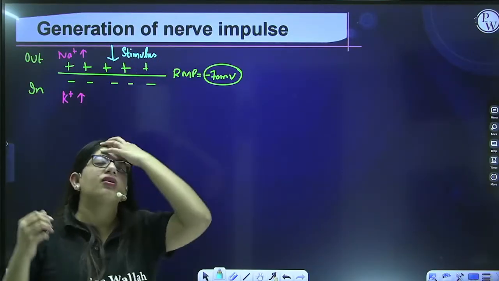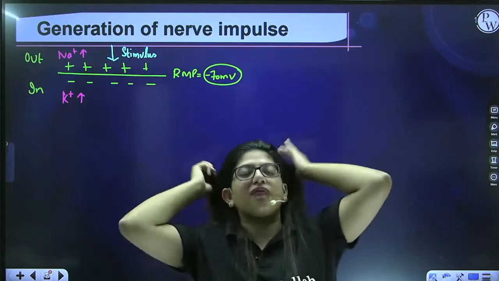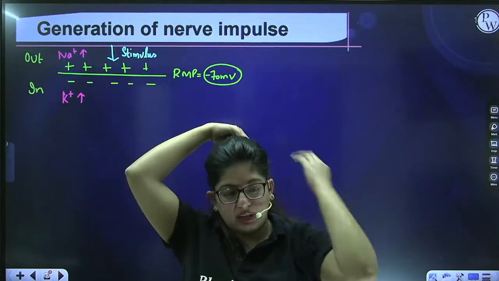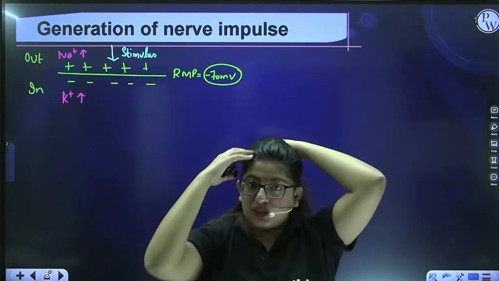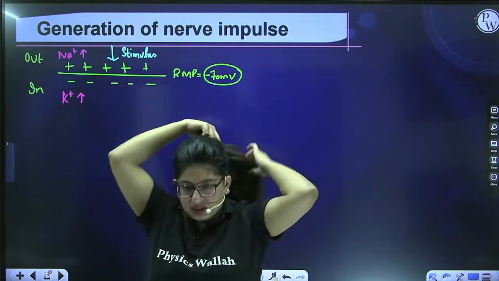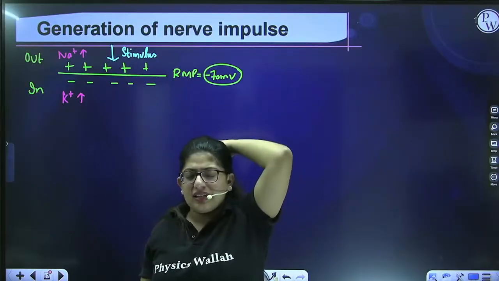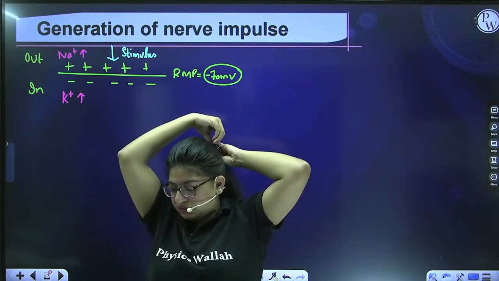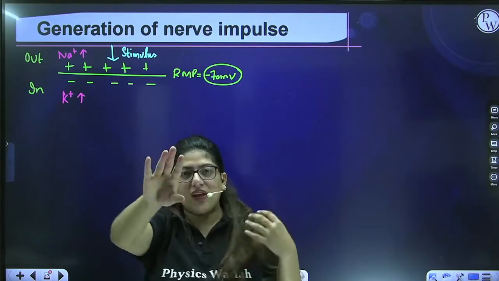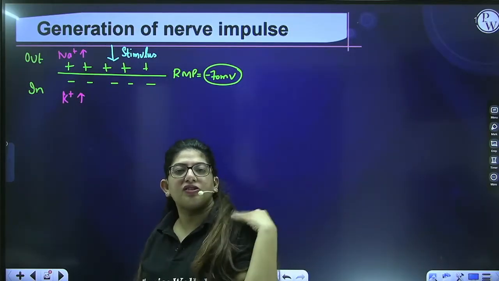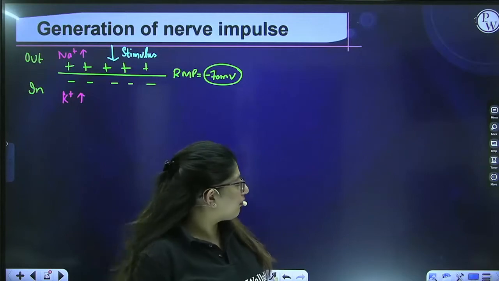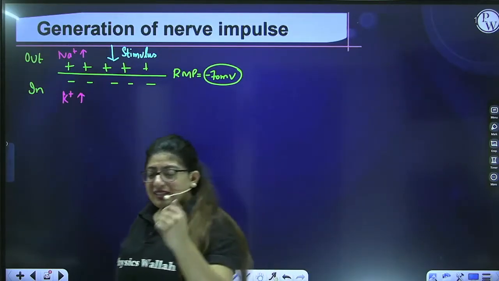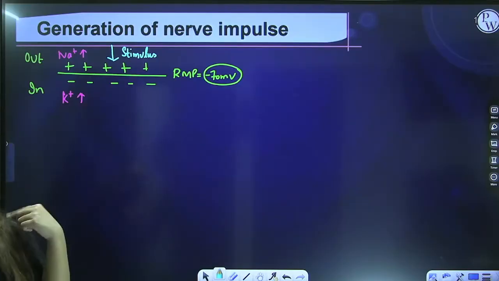For example, right now, if you are sitting at a table and a friend sitting behind you wants to call you, the friend will touch you here, and suddenly you will move and say, what's the problem? Right? So that touching was a stimulus.